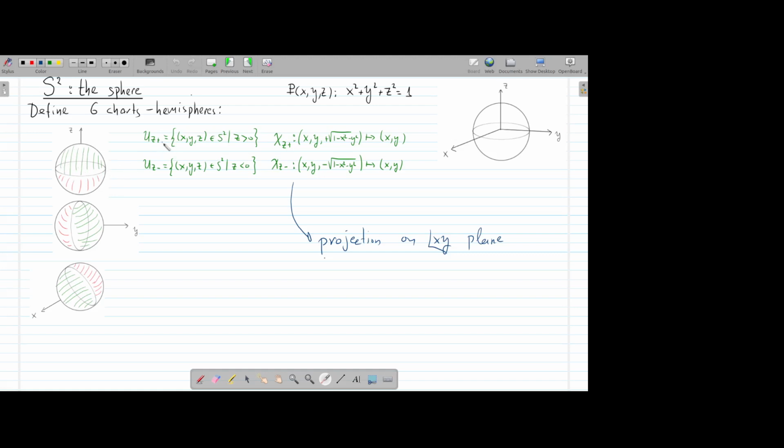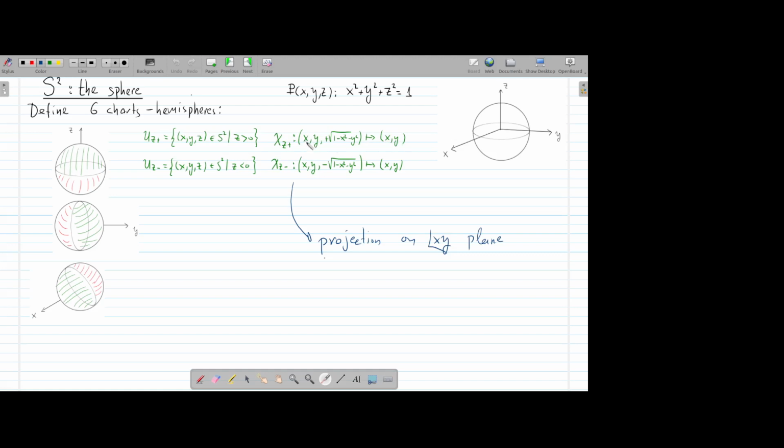So let's pick up as a direction of defining the hemispheres the z-axis, and we have 2 charts, the U_Z plus that contains all the points of the sphere in the northern hemisphere, which are the ones that have their z component positive, and we project those points to the xy plane and define their coordinates in this chart to be x and y.